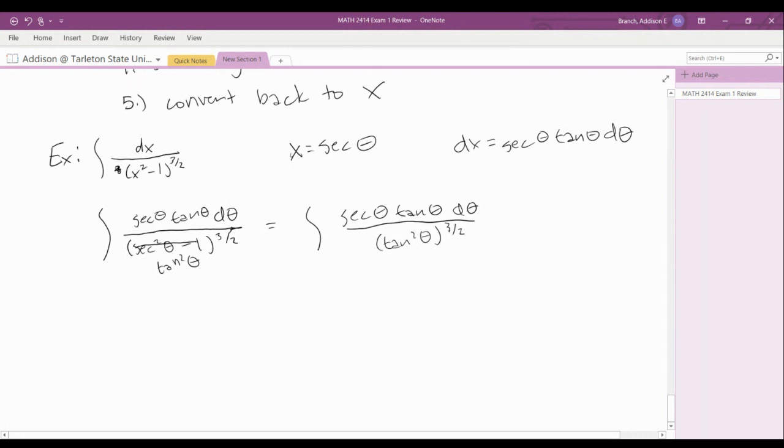This tangent squared and that little half down here are going to cancel. So we're just going to be left with secant theta tangent theta d theta over tangent cubed.